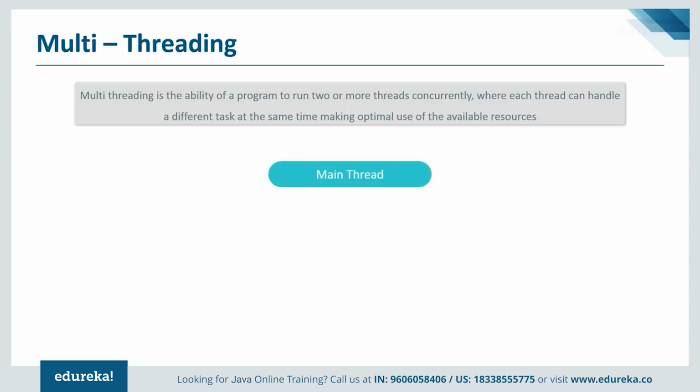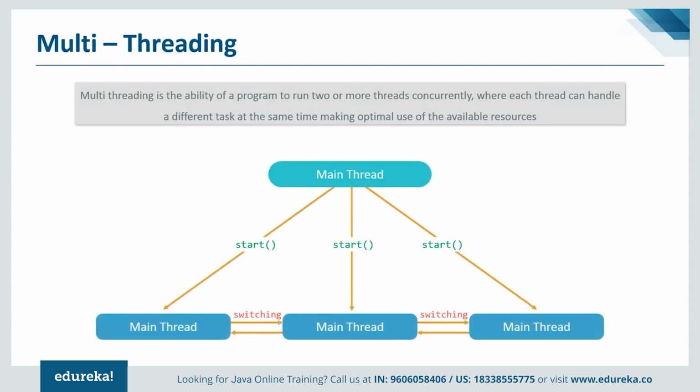So let's say there's a main thread, and the main thread is going to start some child threads, and there can be some switching between these child threads, right? Because they are going to perform the jobs, and time slicing will come into action, where some jobs of thread A will be finished, some jobs of thread B, some jobs of thread C, right? So there will be switching between the execution of the threads.